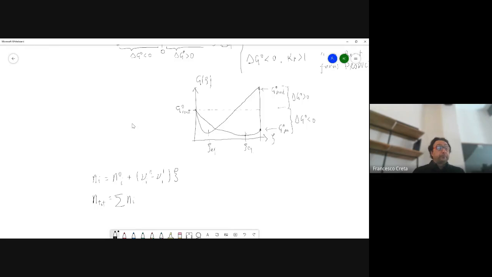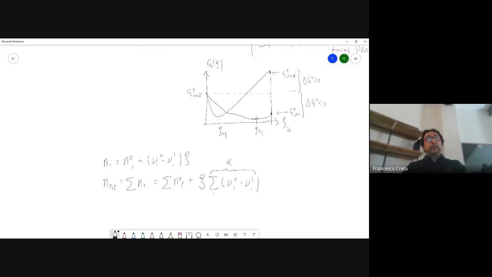Using this expression, the total number of moles is the sum of the initial number of moles of all the species, Ni, plus the progress variable times exactly this quantity that we're interested in, the sum of the differences of the stoichiometric coefficients. We're going to call this, for example, alpha. It's a number, right? So if I give you a reaction, you can calculate this.